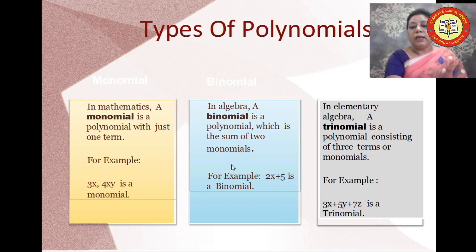A polynomial having two terms, for example here 2x plus 5, 2x and 5 are the two terms, so such a polynomial is known as a binomial. Then a polynomial having three terms is known as a trinomial. So based on the number of terms in an expression, polynomials are classified as monomial, binomial, and trinomial.